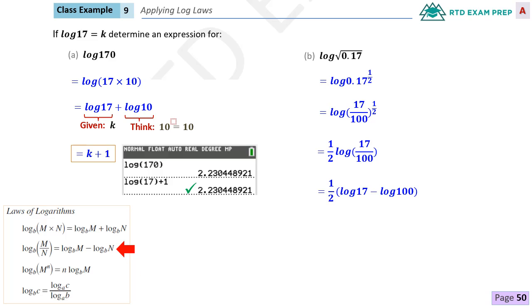Now remember, a division in the argument of a logarithm represents the subtraction of 2 logarithmic terms. So the log of 17 over 100 is the same as saying the log of 17 minus the log of 100. Notice we've bracketed this because the coefficient of 1/2 has to apply to both of the terms.